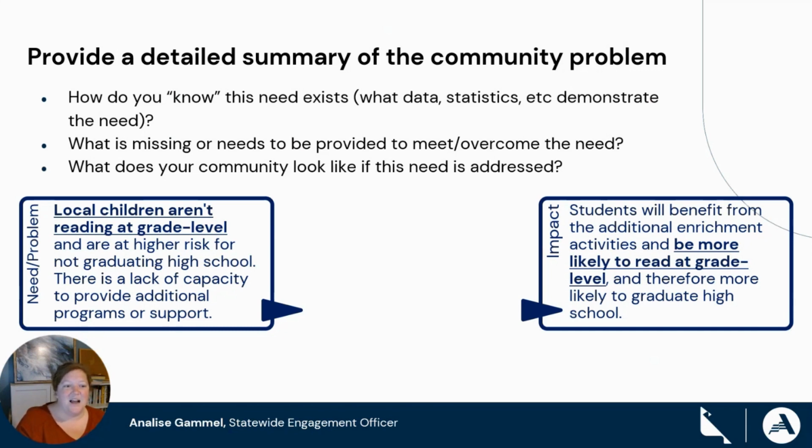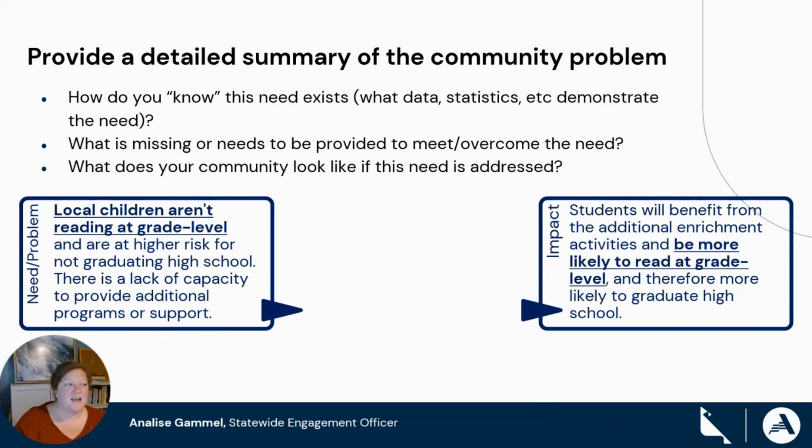The example I use here a lot is around education because I think it's really tangible. When we think about education, there's a lot of different ways to approach education needs. There's a lot of data that can show us education needs exist. But when we start thinking about how we actually know that this need is occurring and thinking about addressing this need, there's a lot of different ways that we can go about it.